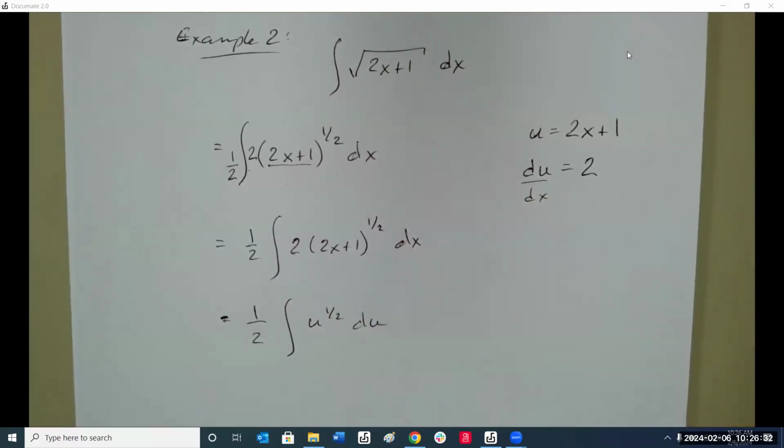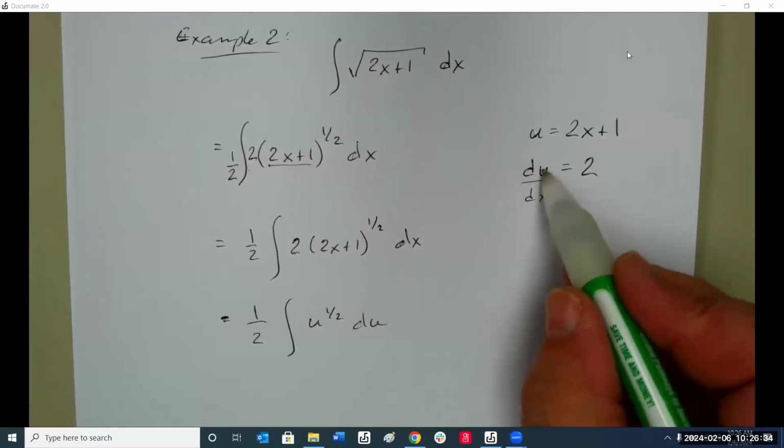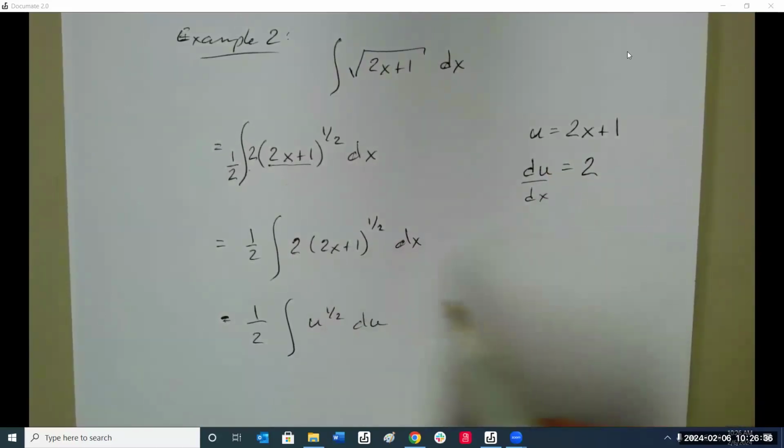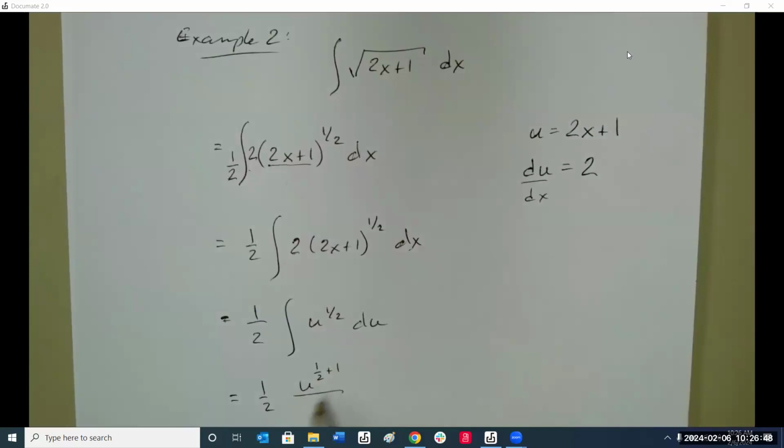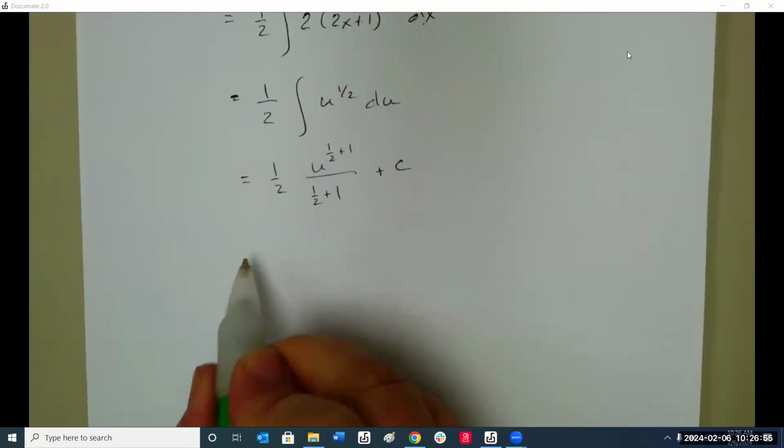Yeah, it's just because du is automatically a function of x, but it cancels with that. So we add 1 to the exponent, and add 1 to the bottom. Plus C.